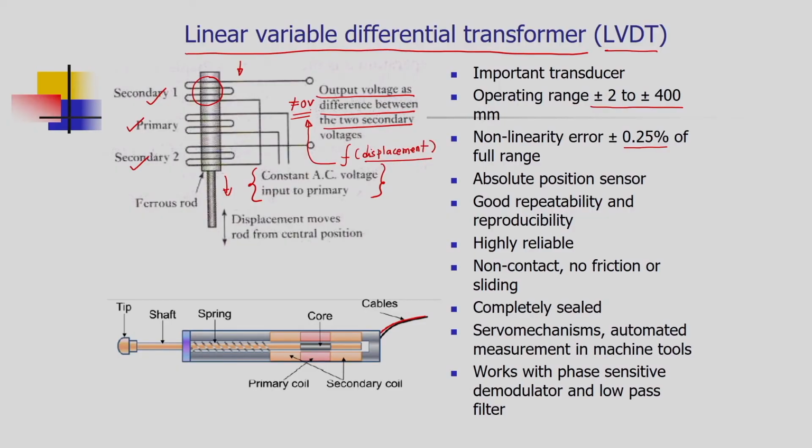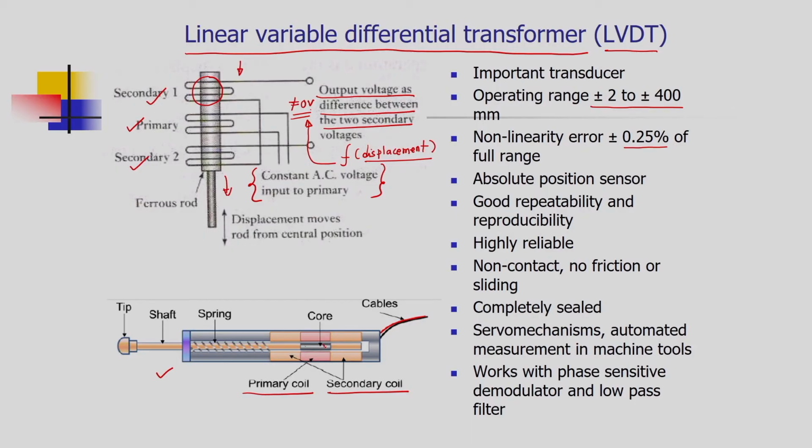So, LVDTs are again calibrated in the laboratories. For known displacement, we can get the generation of the voltages in these coils. A typical construction of an LVDT which is used in the industry is shown in the next figure. You can see a set of secondary coils and a primary coil.